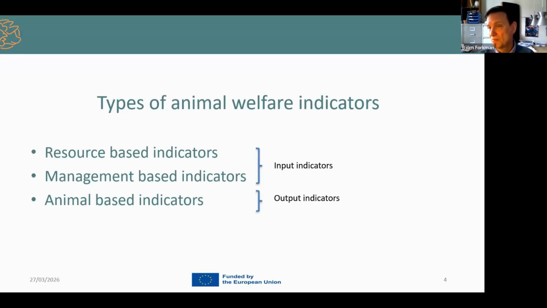I provided rooting material, I have a low stocking density, they're excellent feed, excellent water. What can I do more? It's very hard for a farmer to do anything specifically about the animal-based indicators. Because some things, like tail biting, for example, can suddenly explode, and it's very hard to predict.